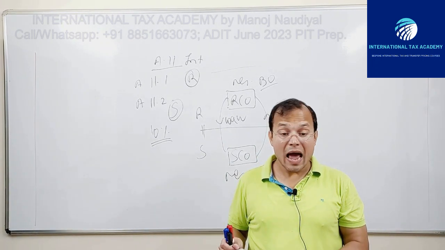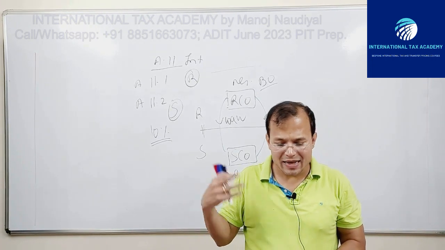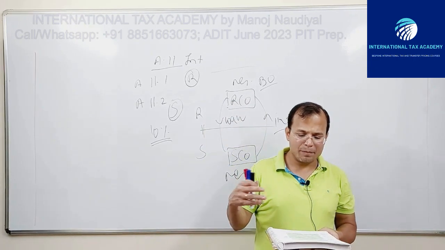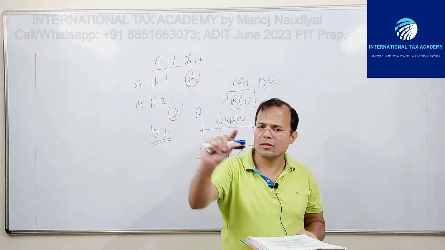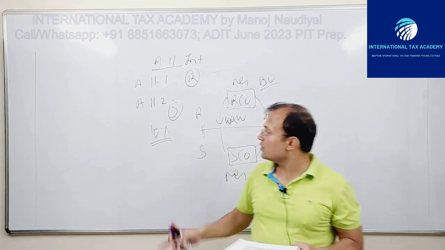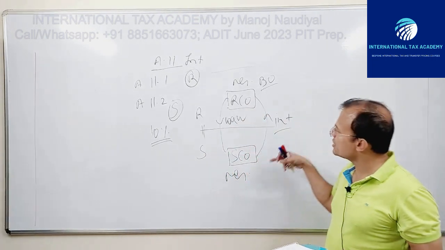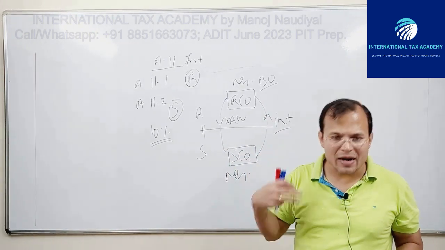Fine. And in 11.2, however, interest arising in a contracting state may also be taxed in that state according to the laws of that state. But if the BO of the interest is a resident of the other contracting state, so BO, same concept, no difference. BO, right to use the interest. So we are saying that ARCO is the BO of this interest. So it means ARCO can use this interest, ARCO can enjoy this interest, ARCO can spend this interest.